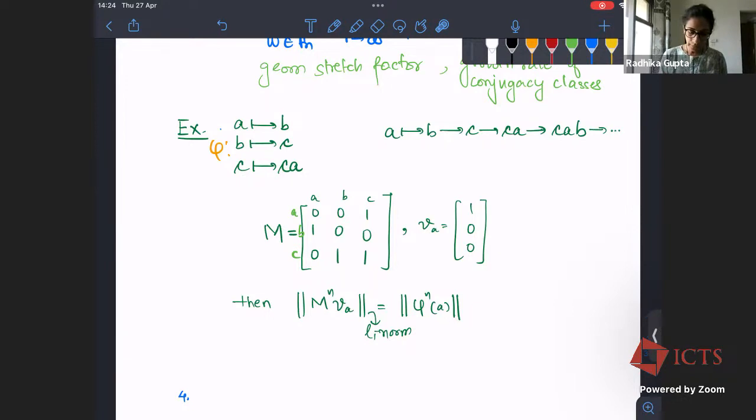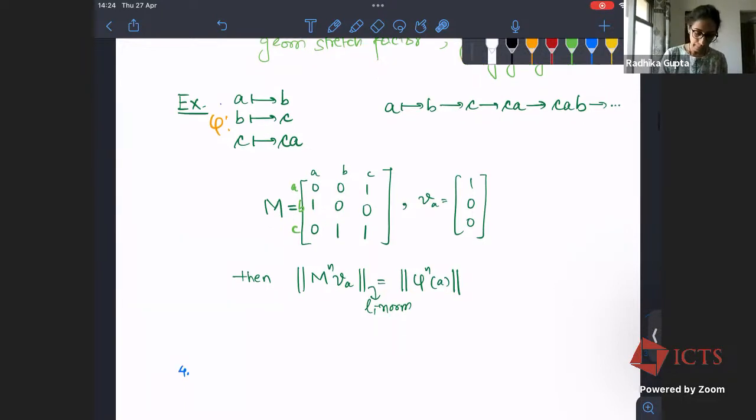So again, applying the matrix to the vector VA and taking the L1 norm is the same as counting the word length of this automorphism applied to A in this example.